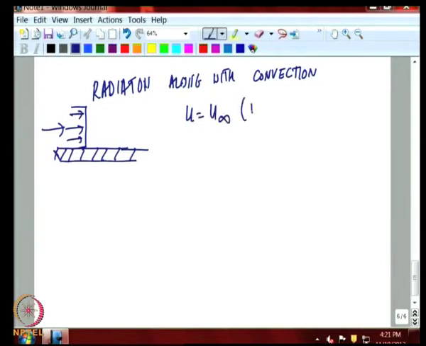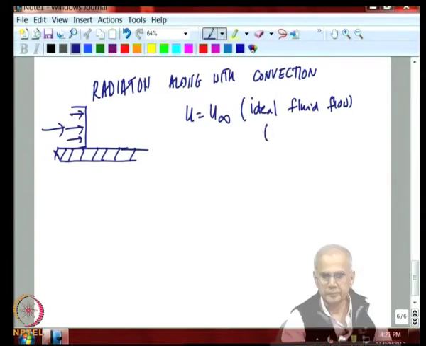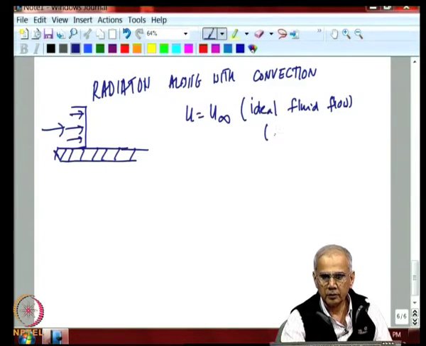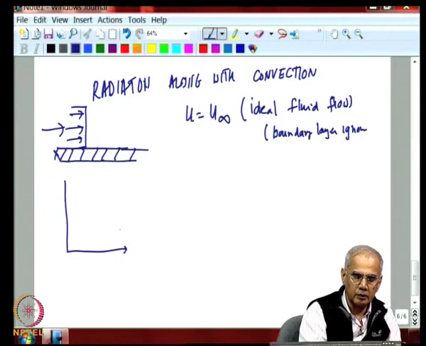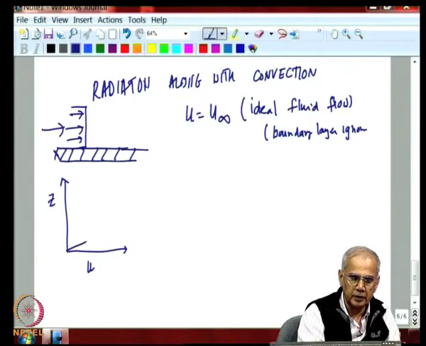That is, this is what you might call ideal fluid flow. We are neglecting the role of the boundary layer. That is, the boundary layer near the wall has been ignored. Essentially, all of you know that if you plot u with height above this, the normal profile is something like that. Okay, this is u infinity.